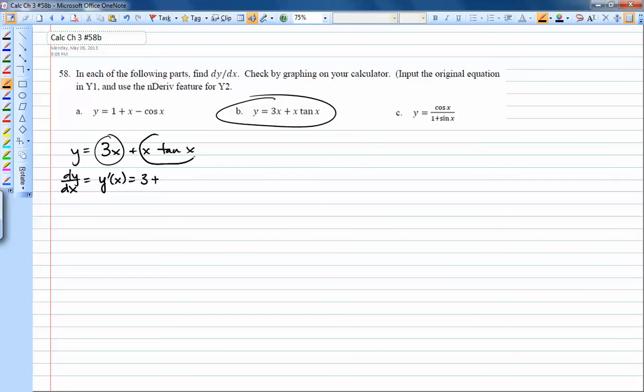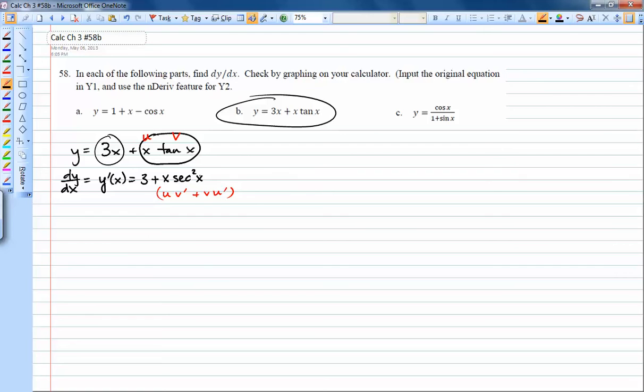And then for this, when I take the derivative, I need to use the product rule because it's x times tan x. So let me call x my u and tan x my v. I'm going to write it below: u v prime plus v u prime, using the product rule. So that's going to turn into x, and then v prime, the derivative of tan x, is secant squared x.